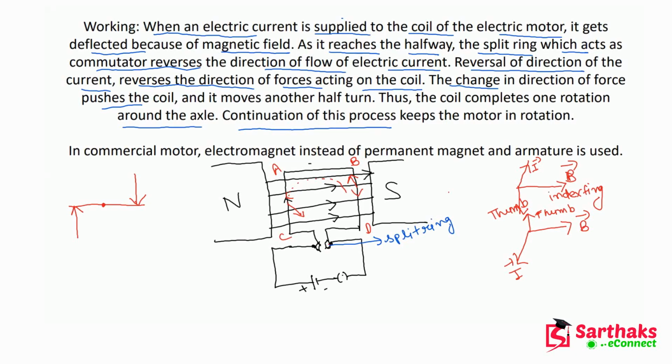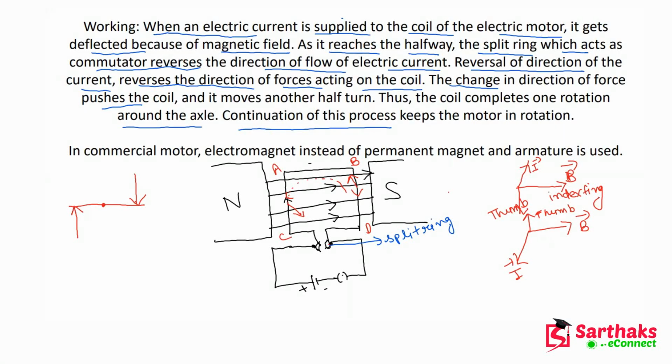So what happens when this commutator comes here? You might be thinking how can we bring it here because it is fixed. For your information, this is not fixed guys, it is just connected by a brush and this brush is just touching it. The brush is not holding it, and it is free to move.